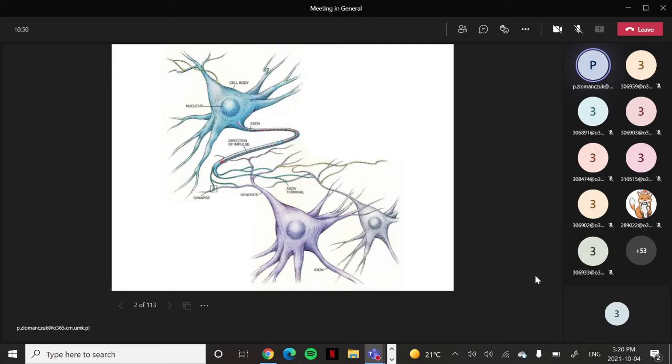So this is the first condition for an information conducting system to work: the environment in which the information is spread must be in the resting state.